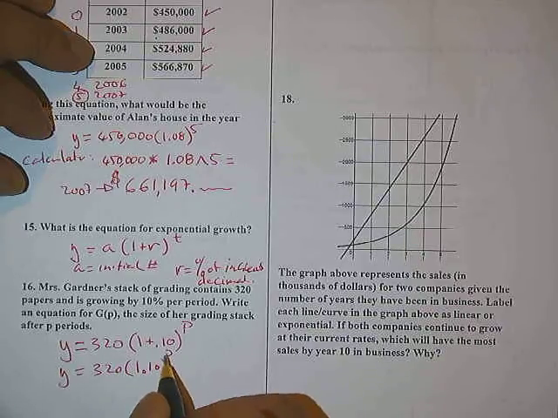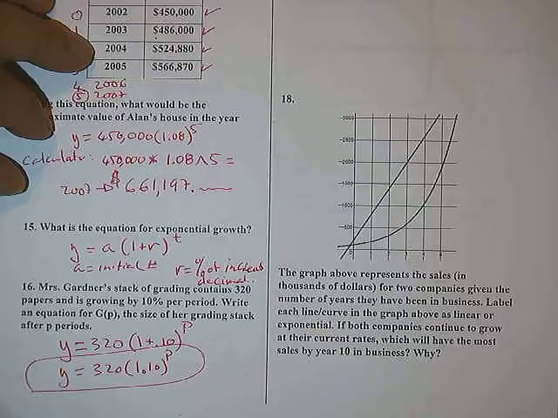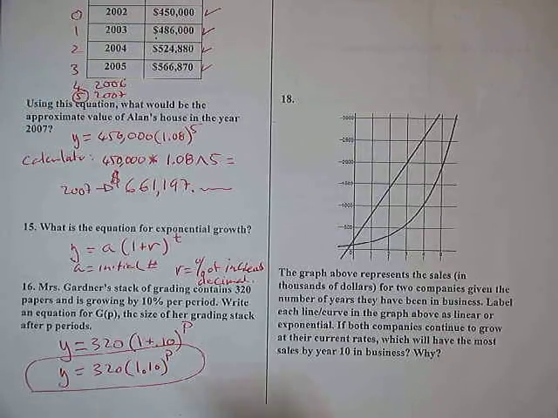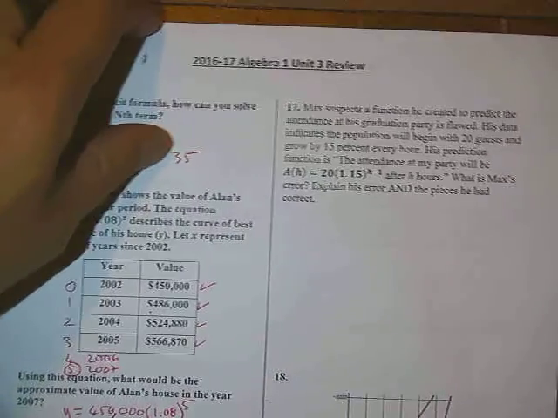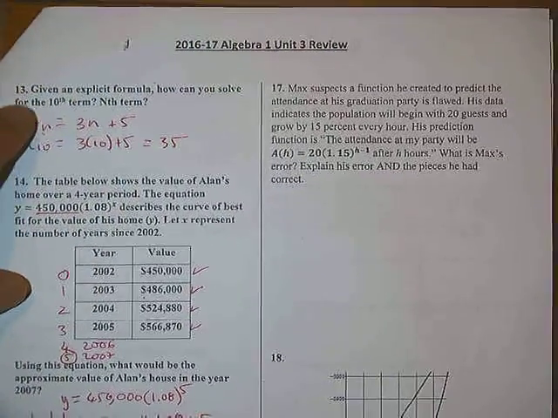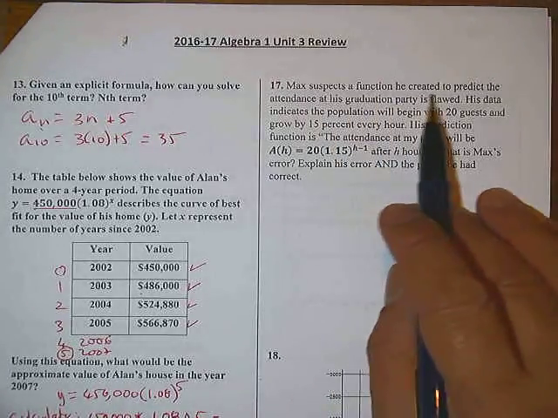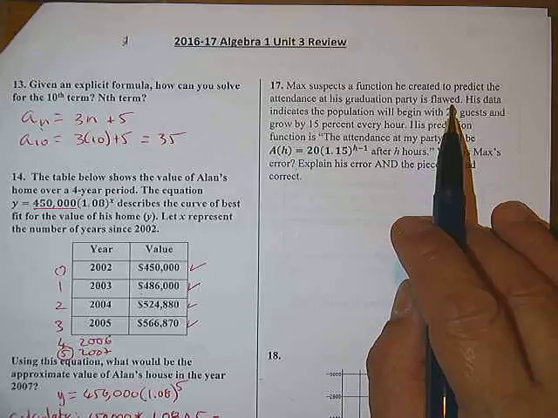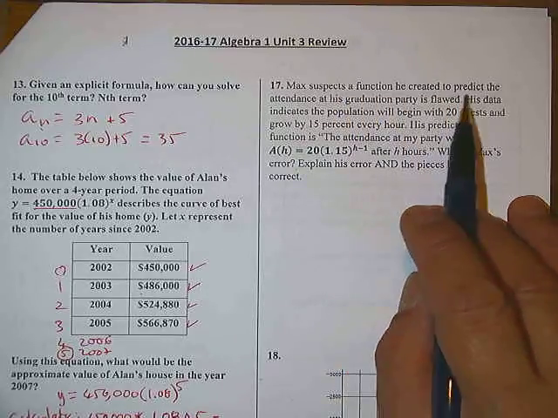All right, number 16. Mrs. Gardner's stack of grading contains 320 papers and is growing by 10% per period. Write an equation for how much she's grading. Poor Miss Gardner. So y is equal to, it starts out with 320, and then it's 1 plus 10%.